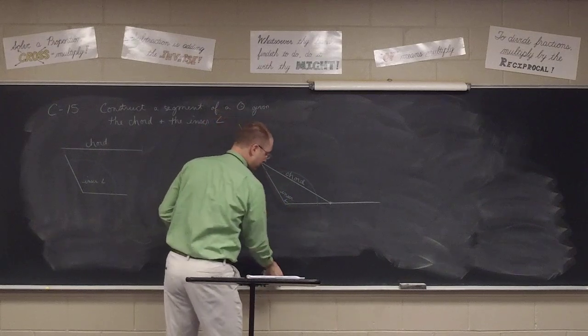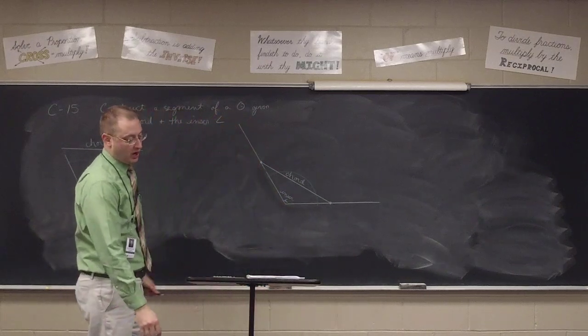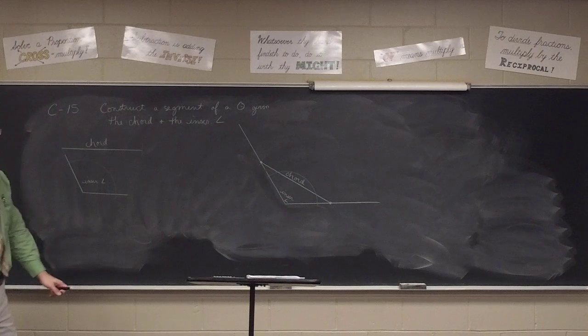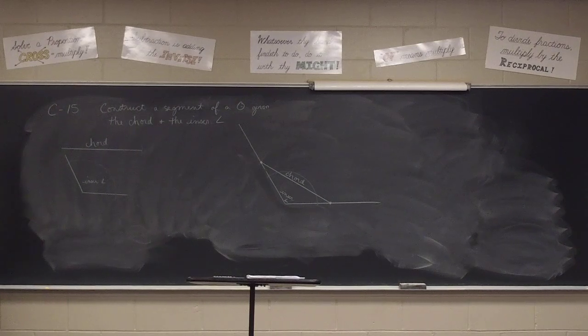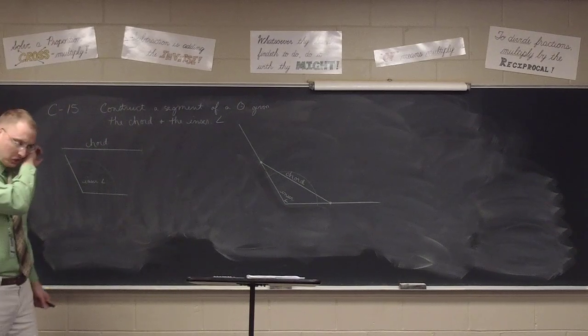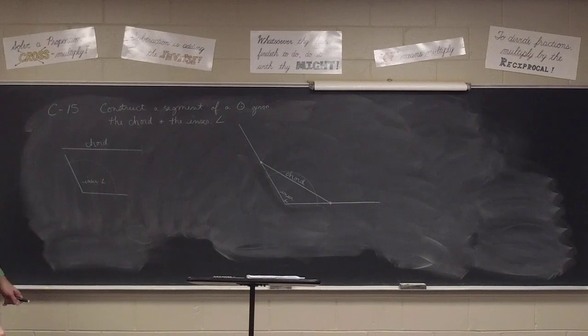So, step number 4, circumscribe a circle about the triangle, C-12.